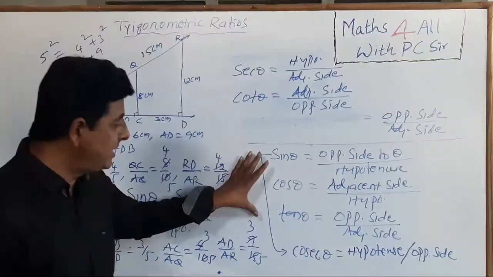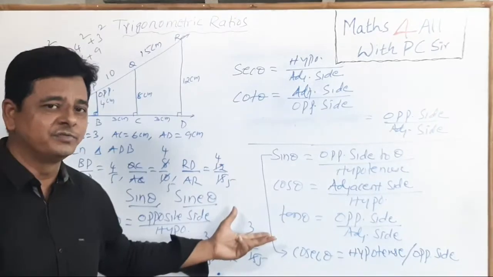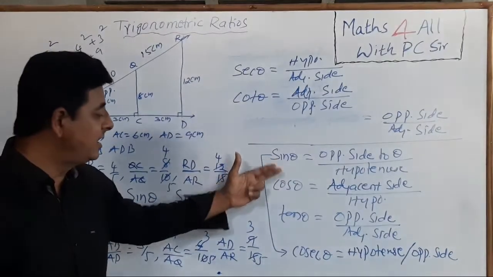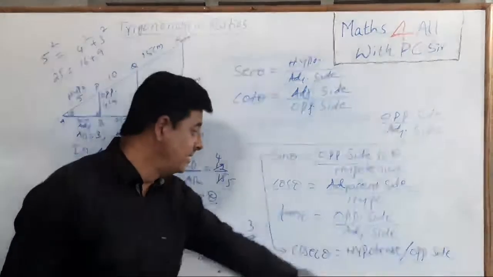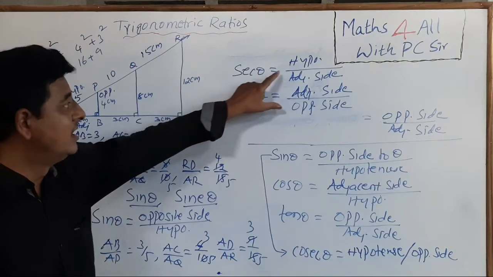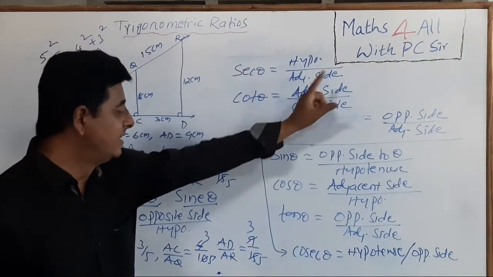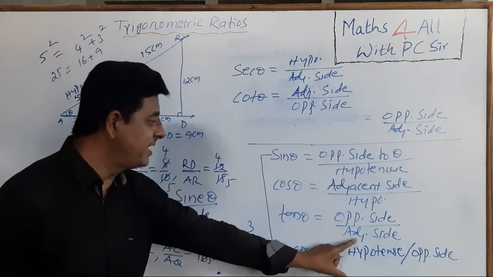These are the main ratios, and the other three ratios are the multiplicative inverses of these. What is the reciprocal of sin theta? Cosecant theta, that is hypotenuse by opposite side. The reciprocal of cos theta? Secant theta, hypotenuse by adjacent side. What is the reciprocal of tan theta?